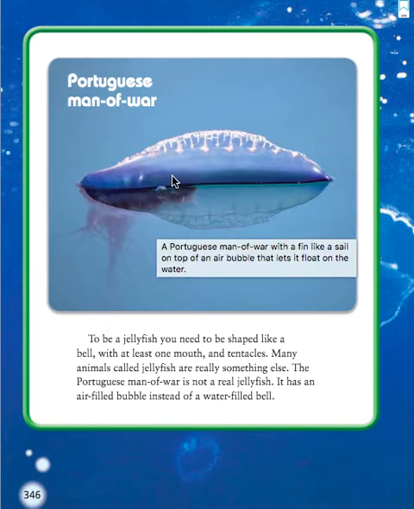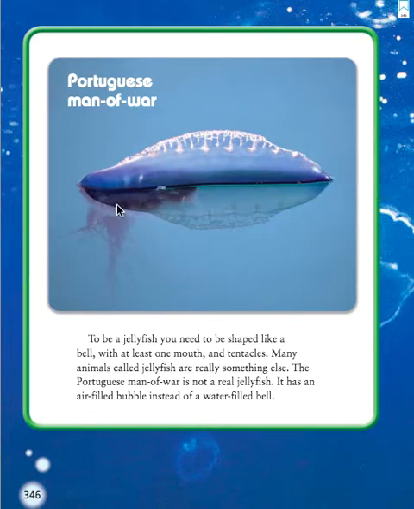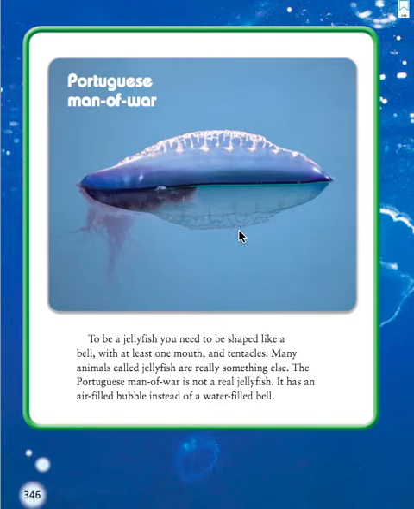It looks sort of like a jellyfish, but it is not a jellyfish because this is an air-filled bubble right here. And jellyfish do not have air-filled bubbles. They have water-filled bells. In order to be a jellyfish, you need to be shaped like a bell with at least one mouth and tentacles. And this Portuguese man-of-war has an air-filled bubble instead of a water-filled bell.